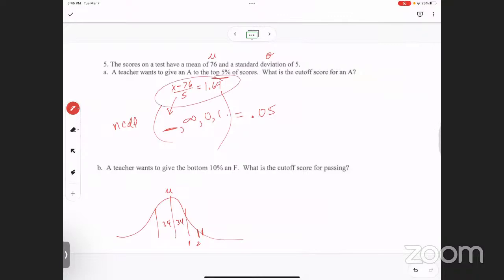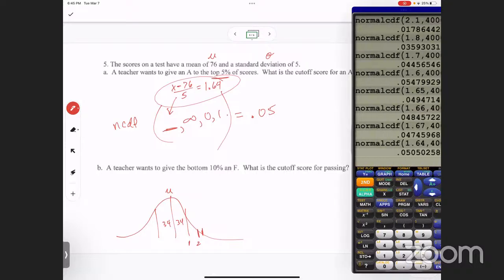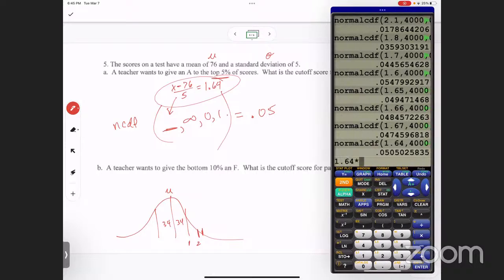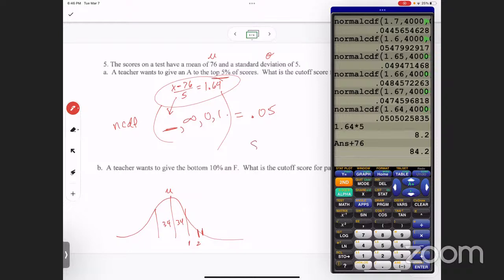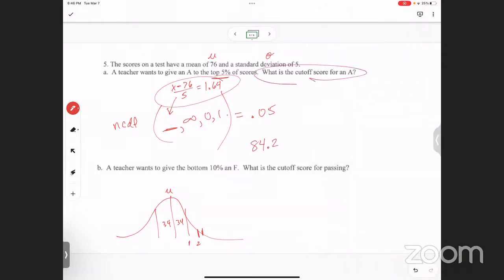So now I can solve this. 1.64 times 5, and then add 76 to that. So 84.5 or 84.2 is the cutoff for an A.